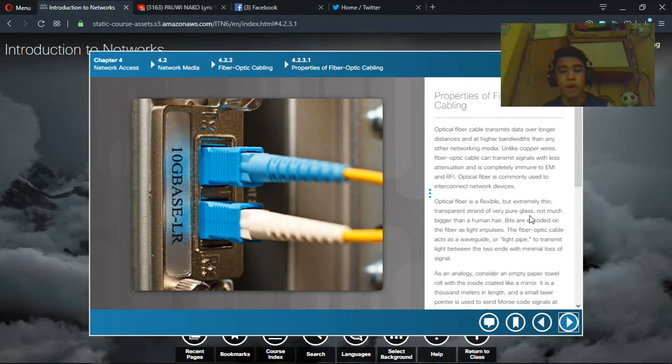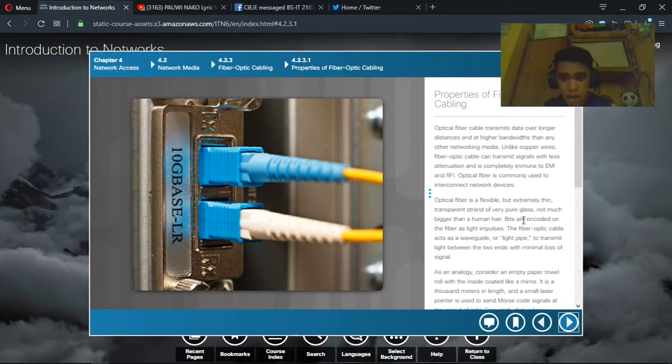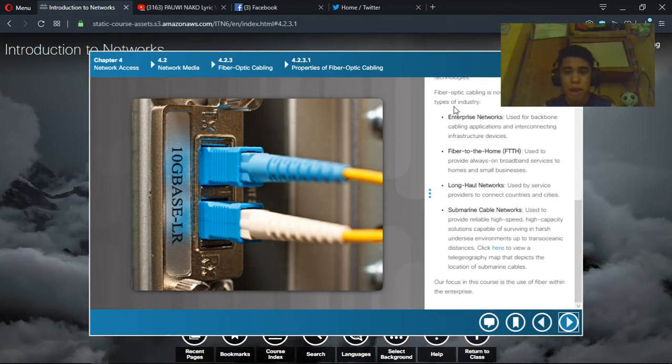It's very flexible but extremely thin. Fiber optic cabling is now being used in four types of industry: enterprise, FTTH or fiber to the home, long haul networks, and submarine cable networks, because all of this requires fast transmission of data.